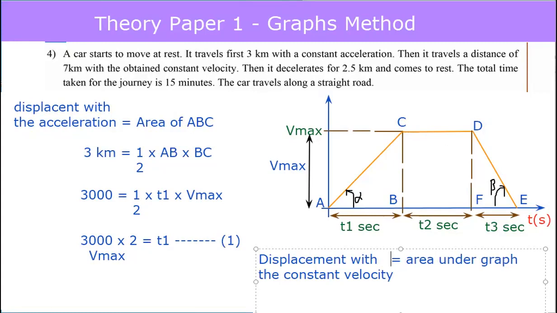Again, it is area under the graph, yes, but here the area under the graph is area of CDFB rectangle. From this, can you subject capital T2 here? Try to subject T2 and send your answer to my Zoom chat. Displacement with the constant velocity, that is area under the graph, that is the area of CDFB. Write the expression, try to obtain an expression for T2 and send your answers to my Zoom chat.